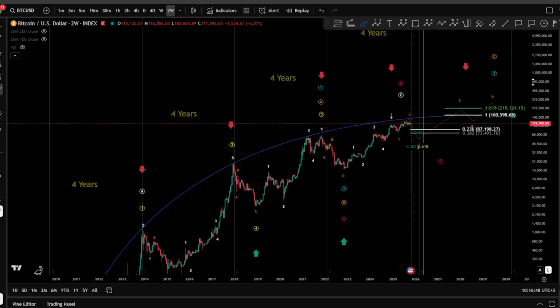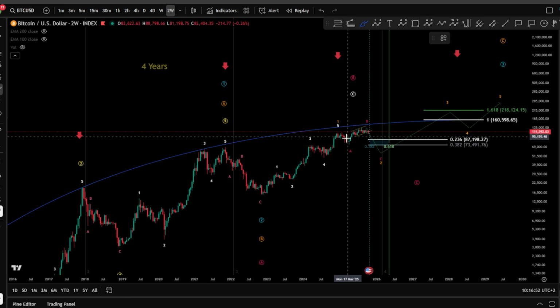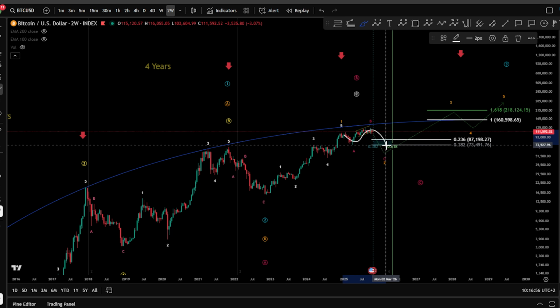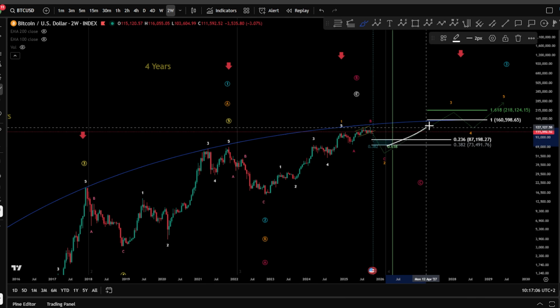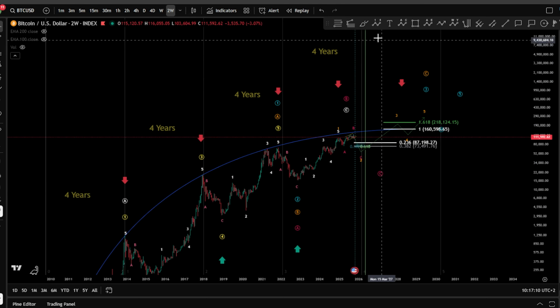That means this might be an accelerated bear market. And we might finish the bear market exactly when the cycle finishes over there. And we might start the cycle again, a new bull run directly in the beginning of the cycle, which might end up somehow in the middle of the next one.